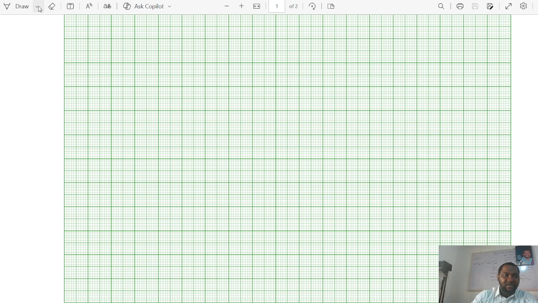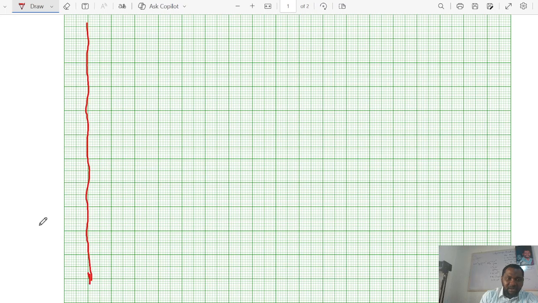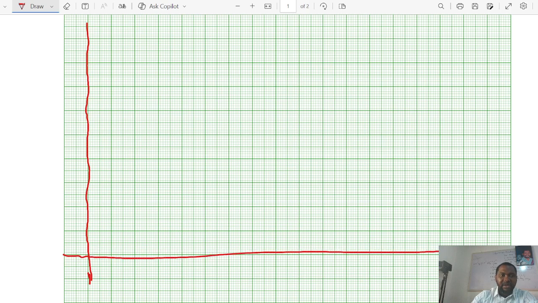I have a rough graph here. My work is going to be rough, but follow through. Now since both x and y are positive, I'm going to put my vertical axis somewhere here, very close to here. Then my horizontal axis somewhere here, right? Very important.